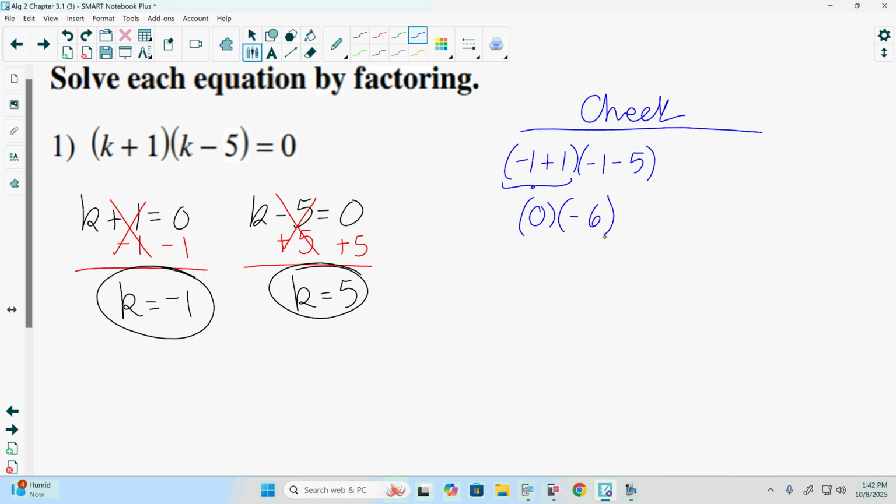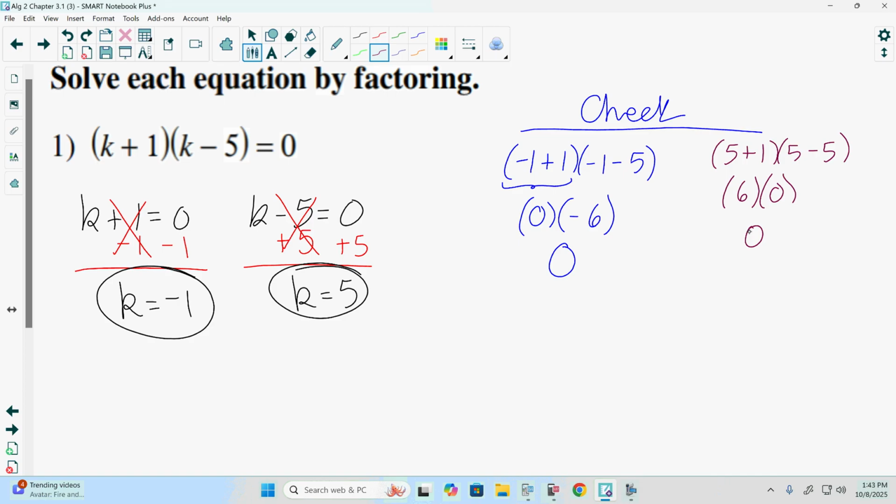Negative 1 minus 5 is negative 6, and 0 times negative 6 is indeed 0. So that works. Our other value of k is 5, so we have 5 plus 1 times 5 minus 5. 5 plus 1 is 6, 5 minus 5 is 0, and 6 times 0 is indeed 0. So the two values of k that will make this be 0 are negative 1 and 5.